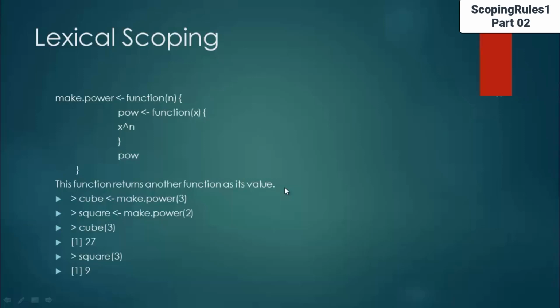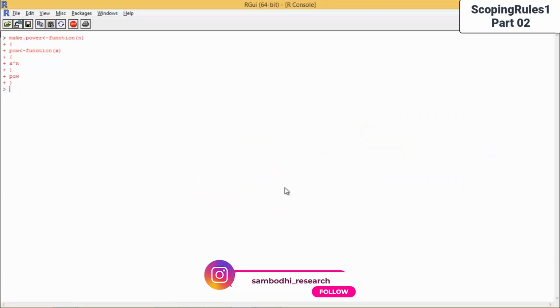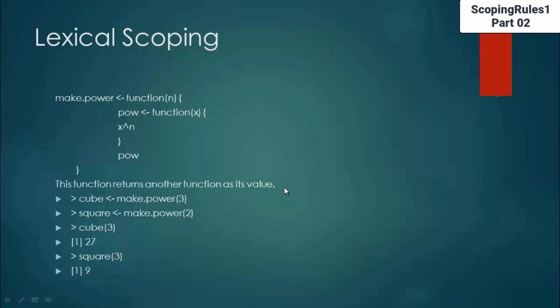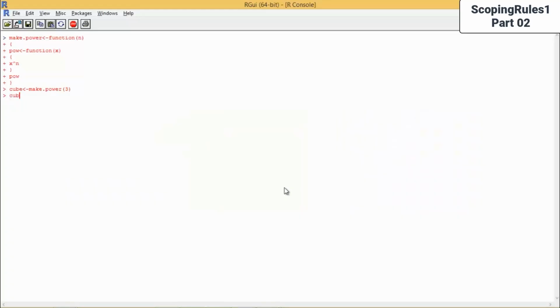I want to calculate a cube, so I'm assigning cube to make.power of 3. If I use cube of 3, it gives me 27.